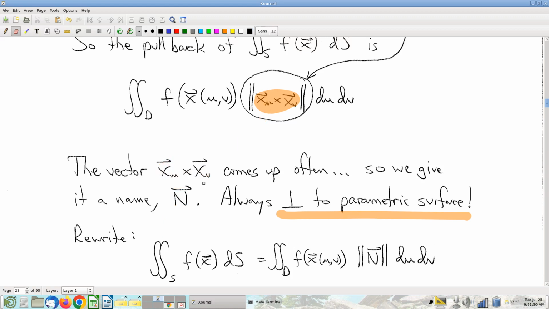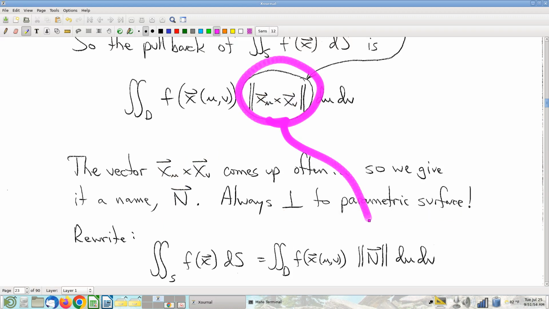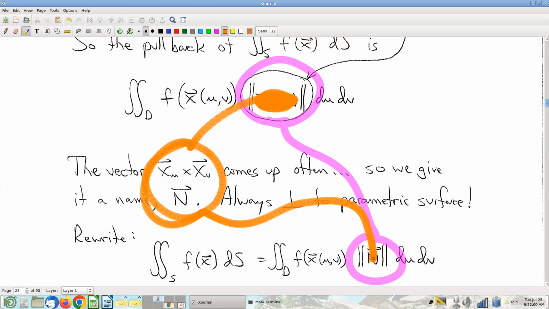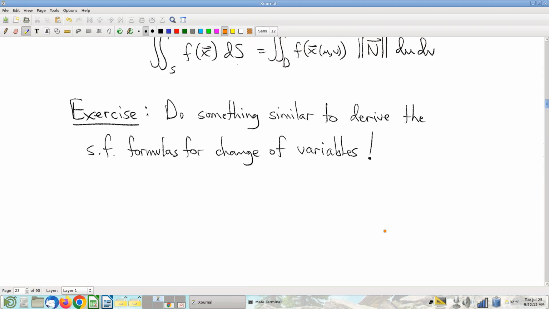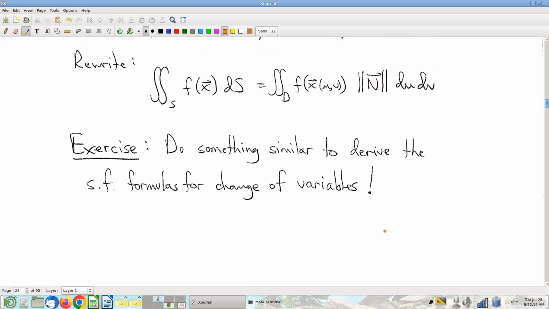So with that notation in mind, I can rewrite our stretching factor, because that's what N is. The stretching factor is now just the magnitude of capital N. A notational little convenience, I think is handy. The book agrees.